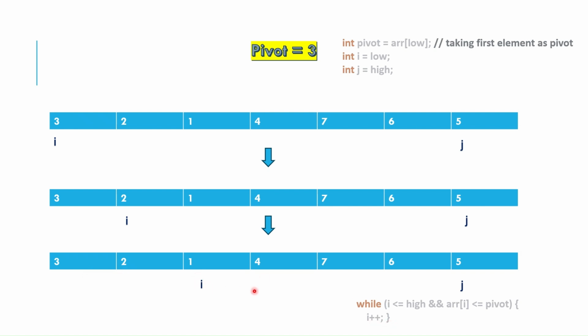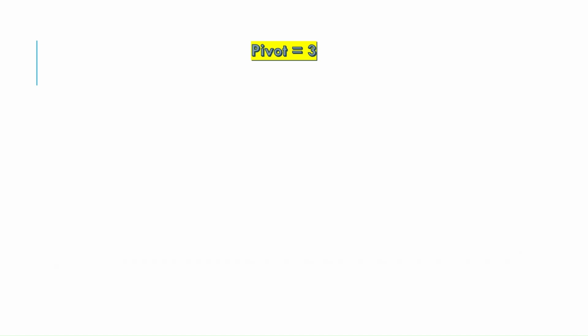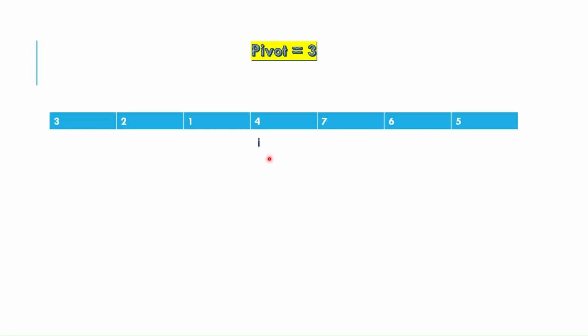Okay, understand, right? Okay, so just guess what will happen in the next slide. I may point to here, because 1 is less than or equals to 3, right? So 1 is less than or equals to 3. Yes, correct. Then what will happen? We will increment the I. Yes, we have incremented the I. And again J is as usual at the last position only.